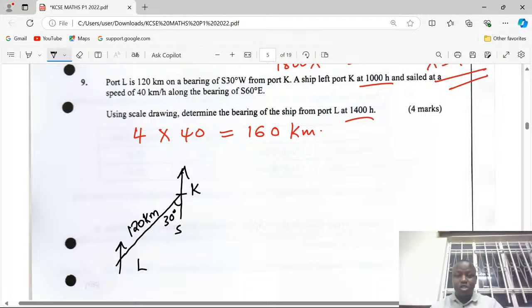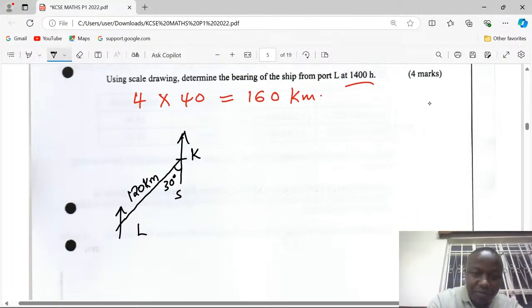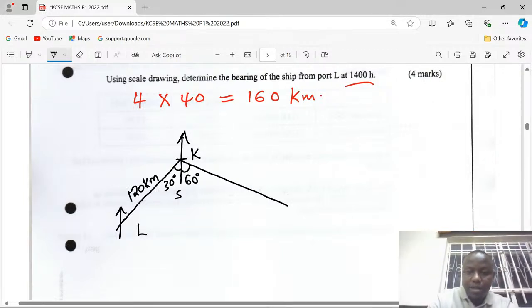There is more information which is now telling us that a ship is leaving K. Again, we are still from K. Then it has moved on a bearing of south 60 towards east. So at south again, 60 towards east. This is a compass bearing which has been given.